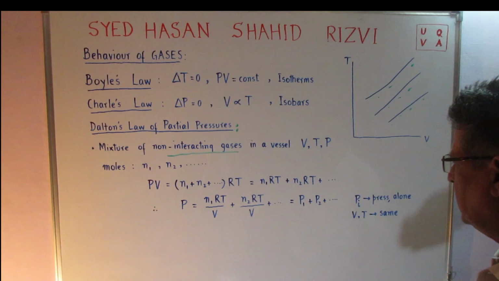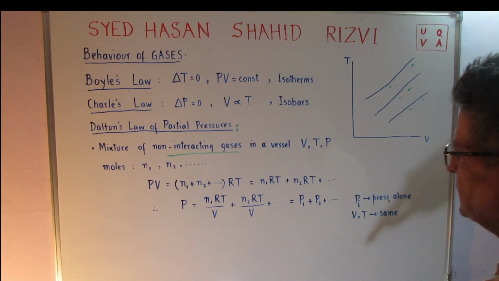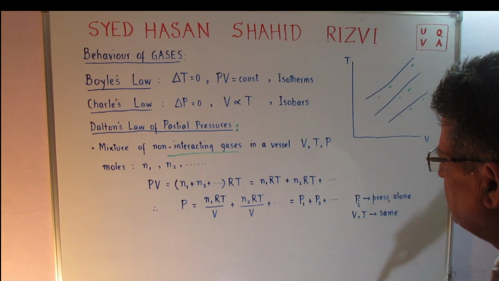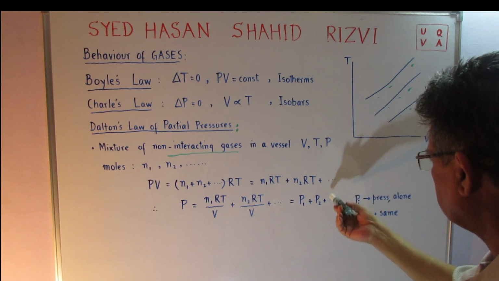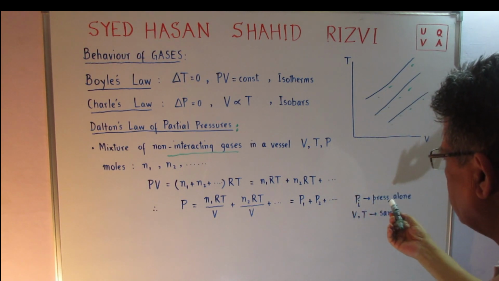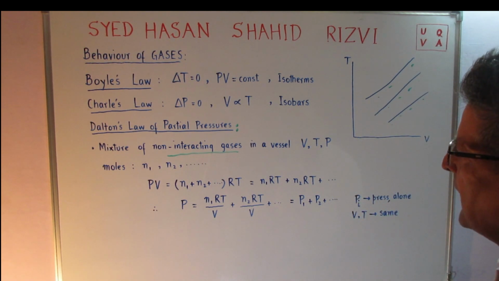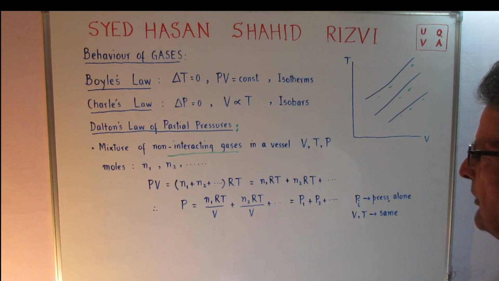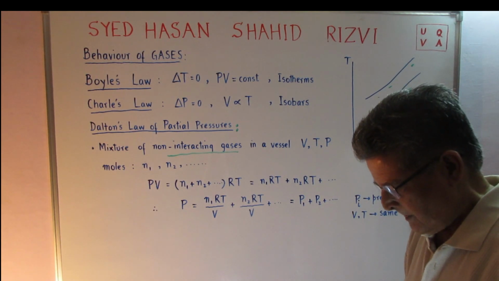So we have the equation P = P1 + P2 + P3, etc., and this is known as Dalton's law of partial pressures.